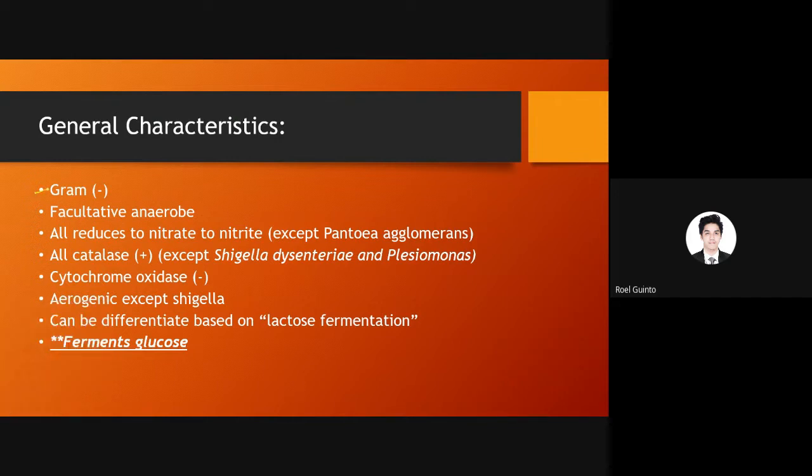Gram-negative microorganism, facultative aerobe, all reduce nitrate to nitrite except for Pantoea agglomerans. Also, all Enterobacteriaceae are catalase positive except for Shigella dysenteriae and Plesiomonas, because these microorganisms are catalase negative.